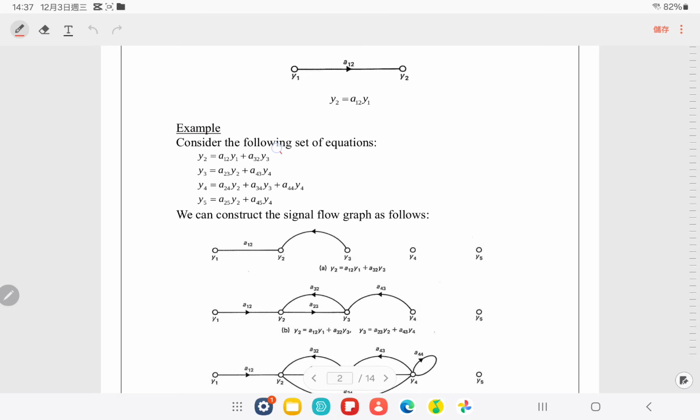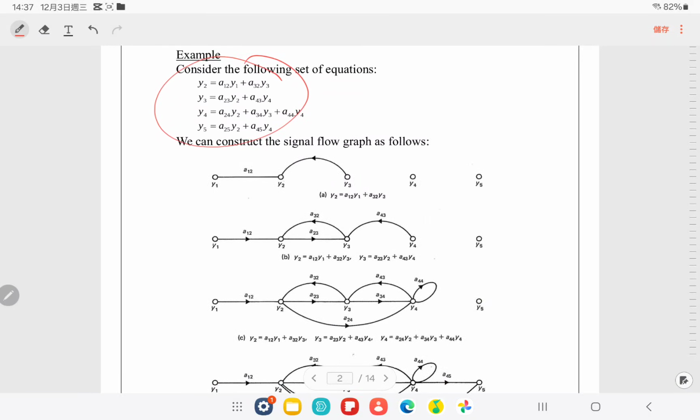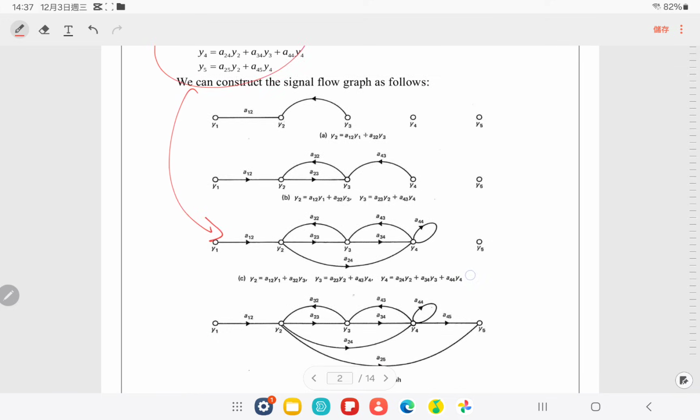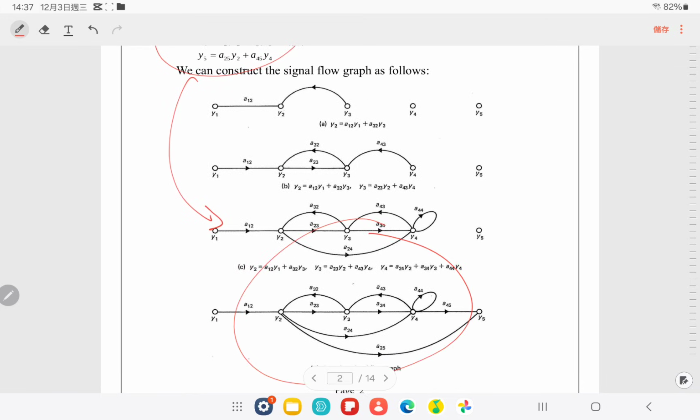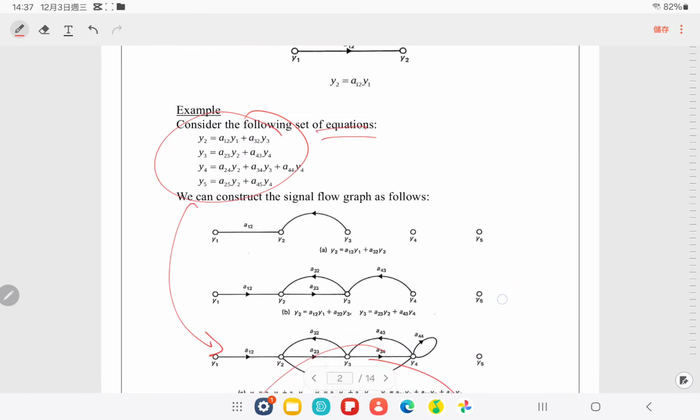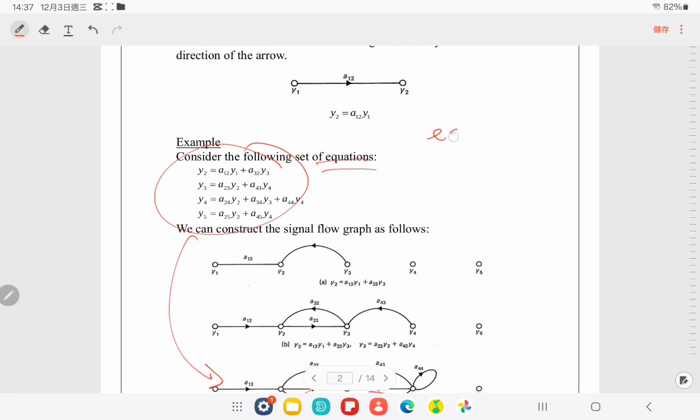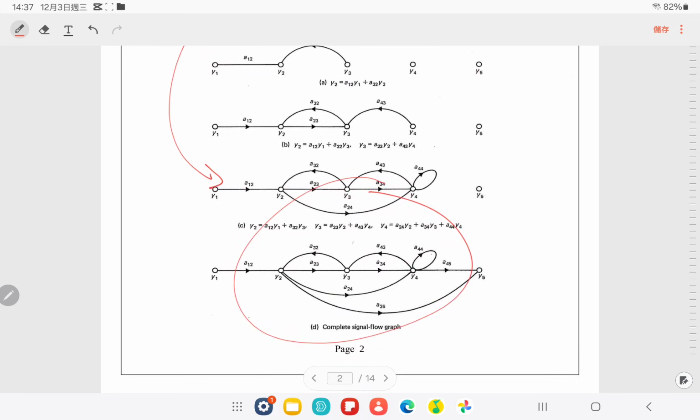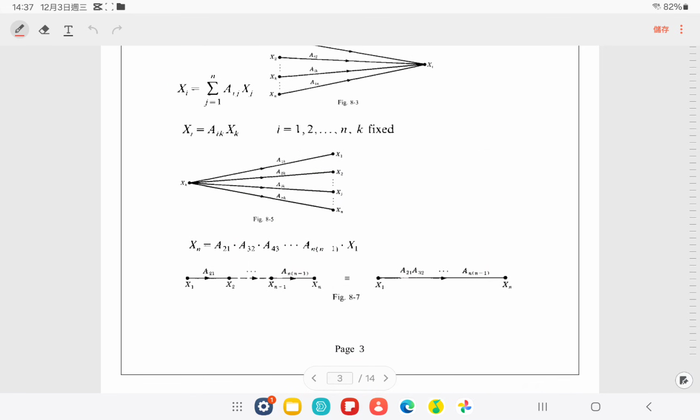The first type is from the equation. I give you a set of equations. You need to convert it into a signal flow graph like this. So it's from equations to signal flow graph, SFG. Okay, this is the first type.